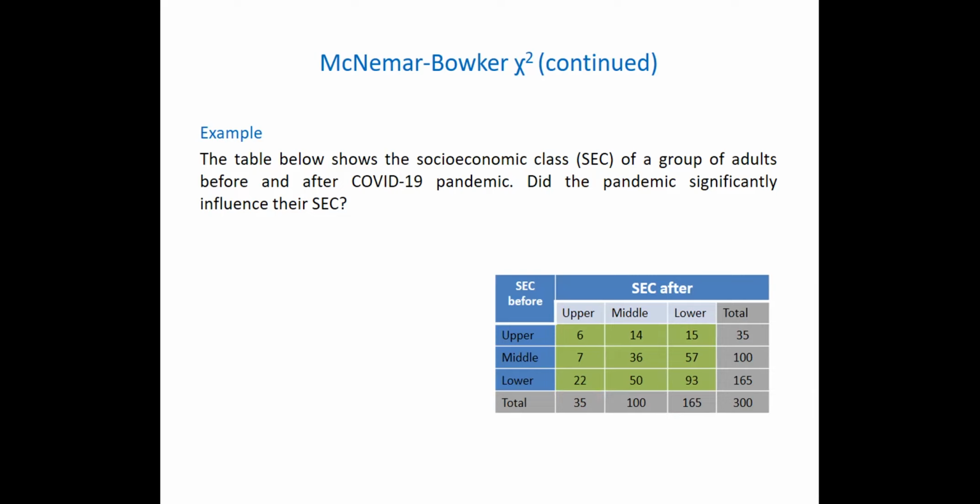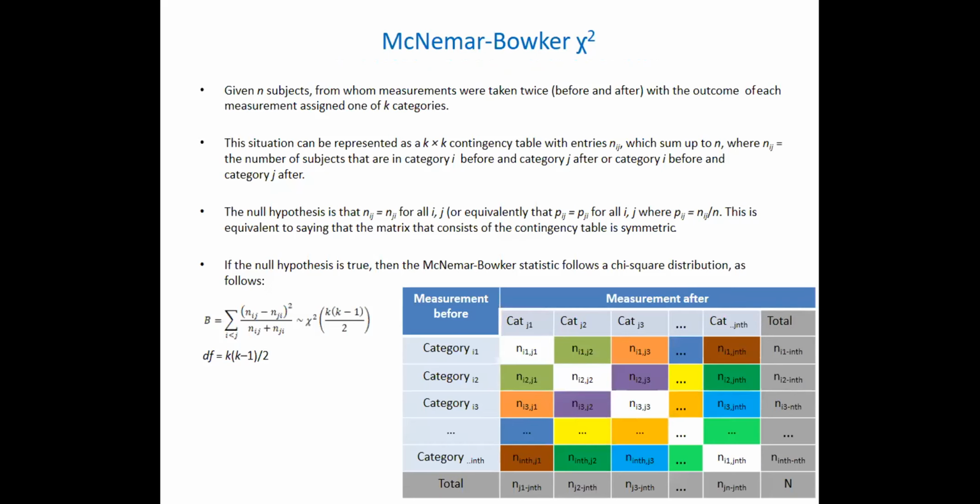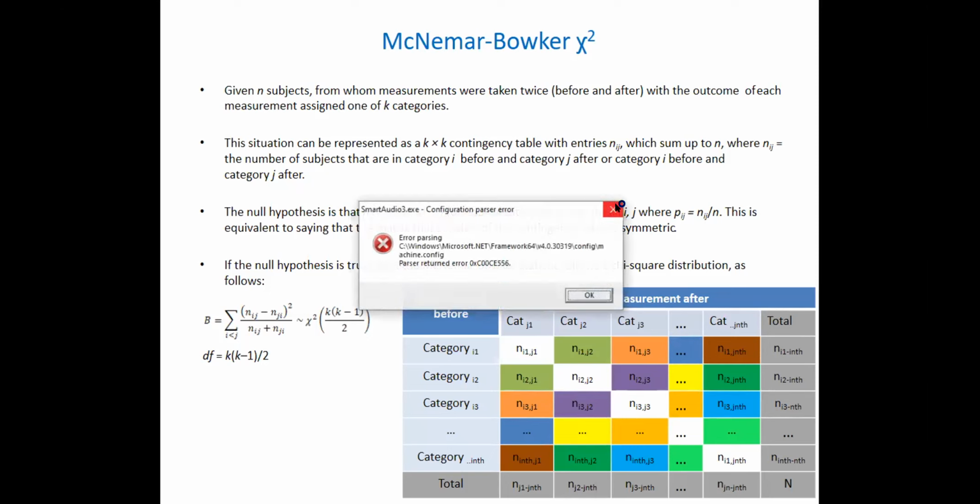The socioeconomic class has 3 categories. That is the K categories. One of them, you can only belong to one or the other: you are upper, middle, or lower class.